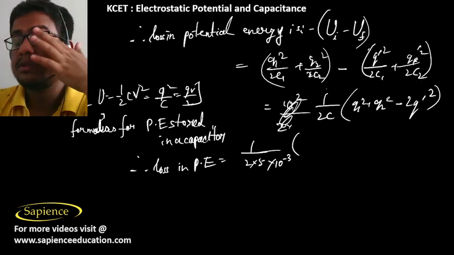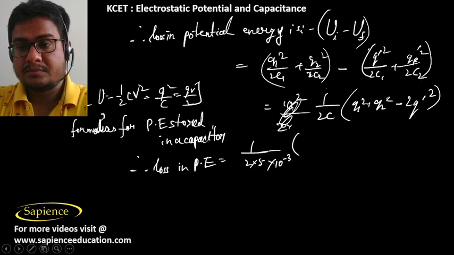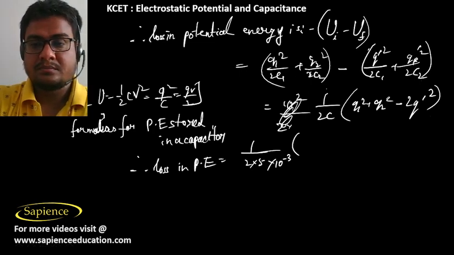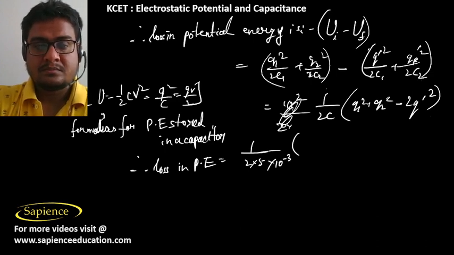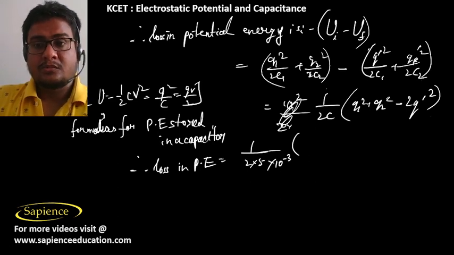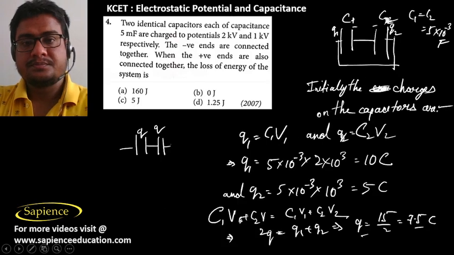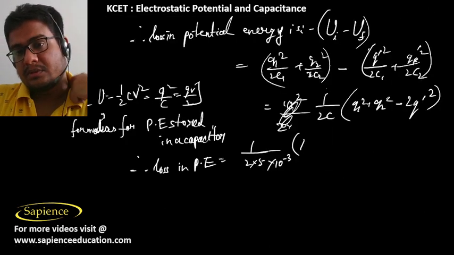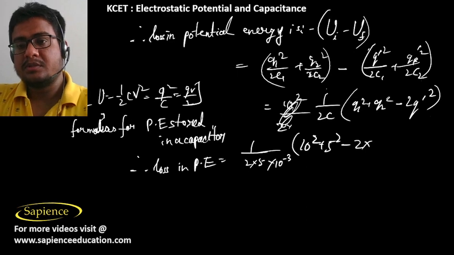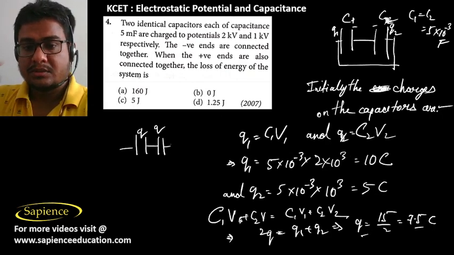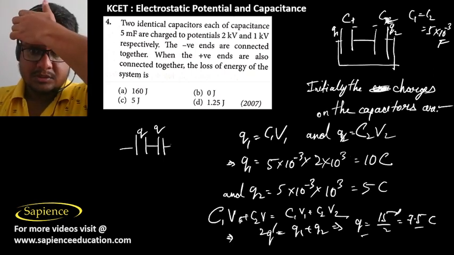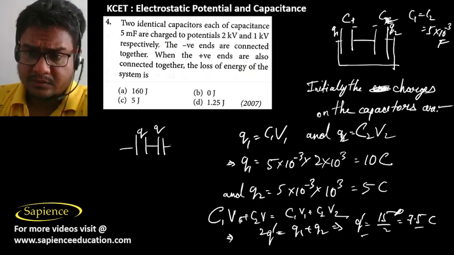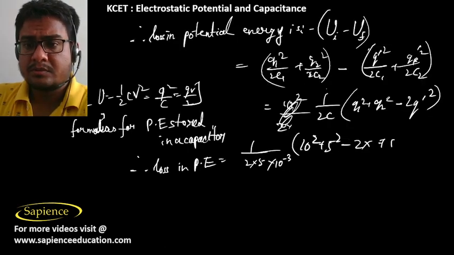This will be q1 square, q1 is 10 square plus 5 square, which is 50, and 7.5 square.